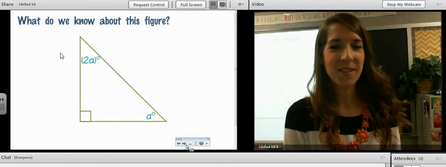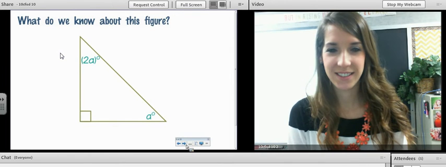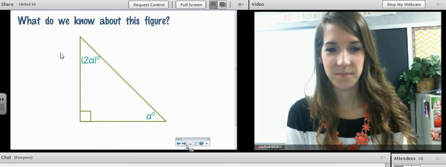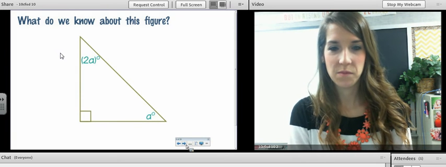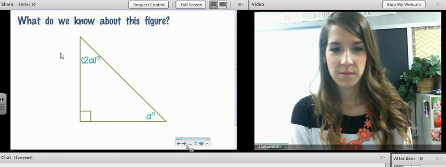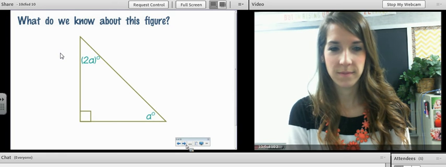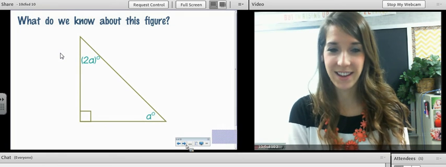What do we know about this figure? What is A? A number. Thank you.